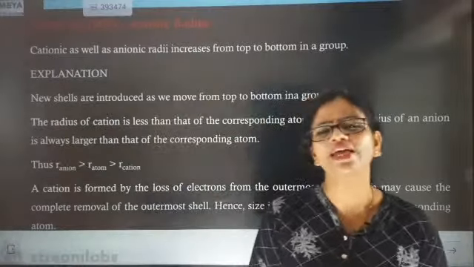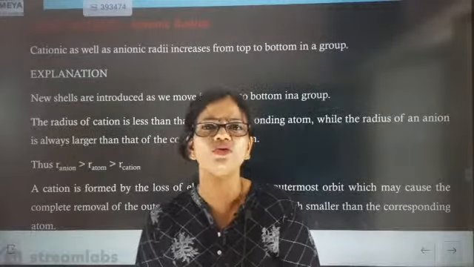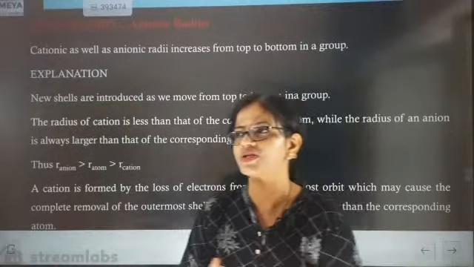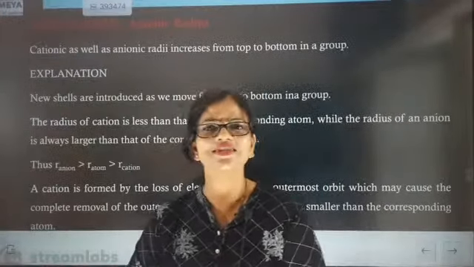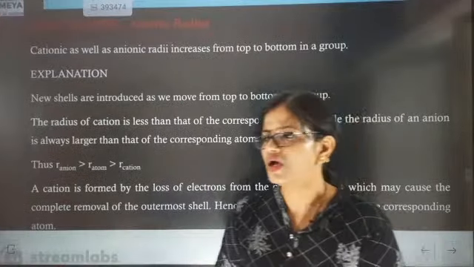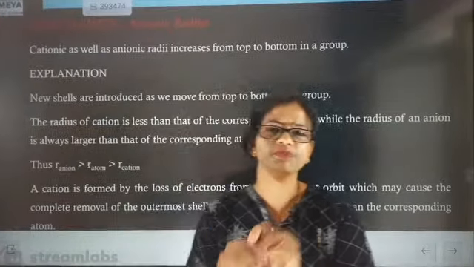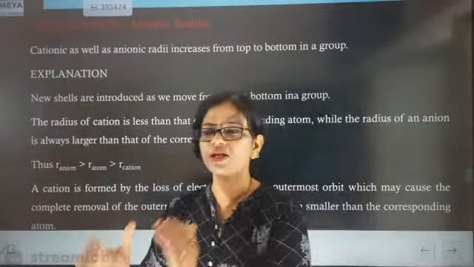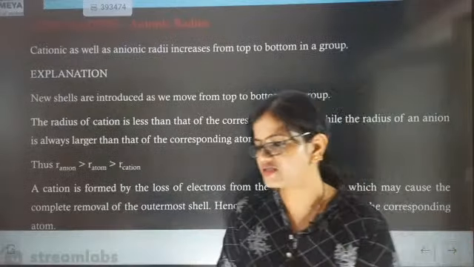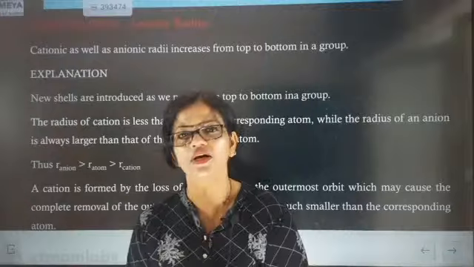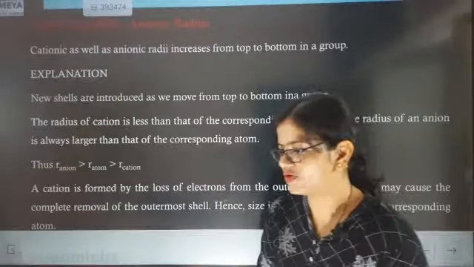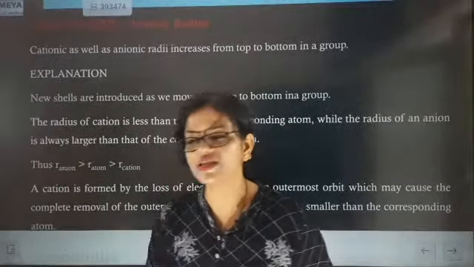So just have a recap, let's see how much you have understood today. I am going to ask 2-3 questions so that I can see whether you have understood this point or not. What is the basic difference between van der Waals radius and covalent radius? Just say the basic point.